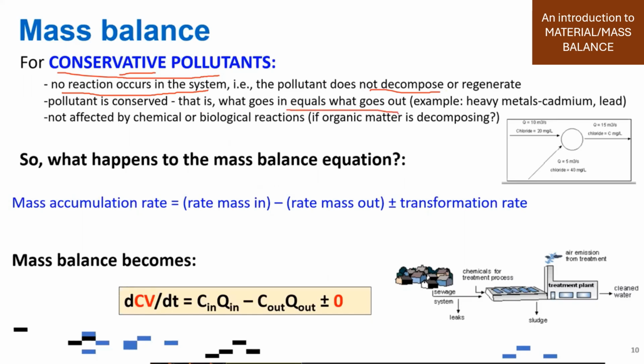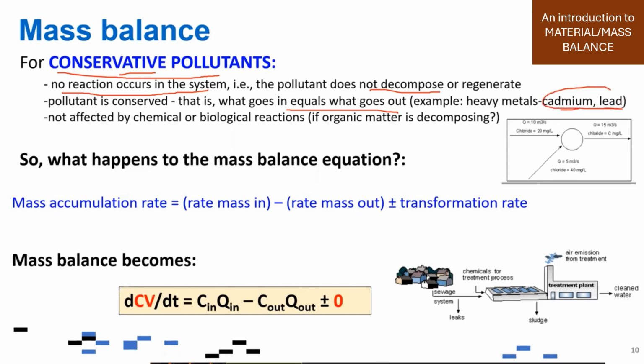In most cases, good examples are heavy metals, like manganese, and other metals in the system, then cadmium and lead, which are also easy to identify in the whole system.